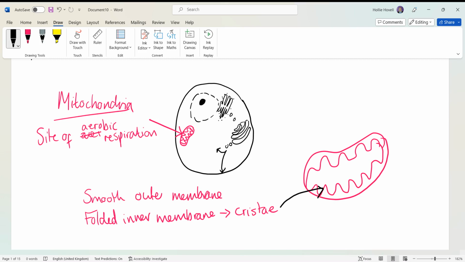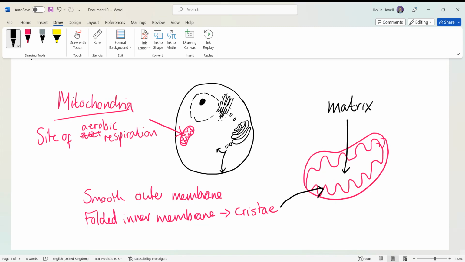The middle part in here is almost like it's got a liquid inside, equivalent to the cytoplasm of the cell, I suppose. This central part is called the matrix. And you need to be able to label that this folded membrane here is the cristae, and this middle empty space, what looks empty in a diagram, is called the matrix.